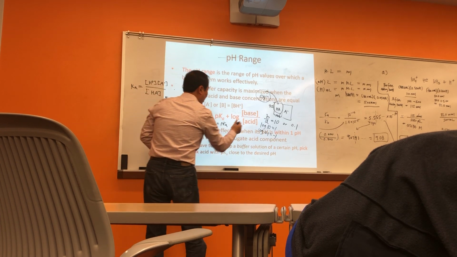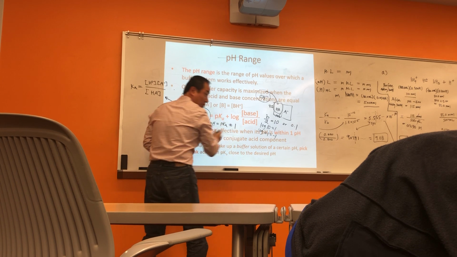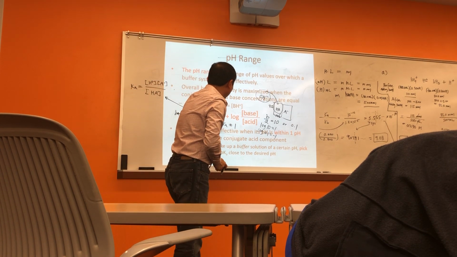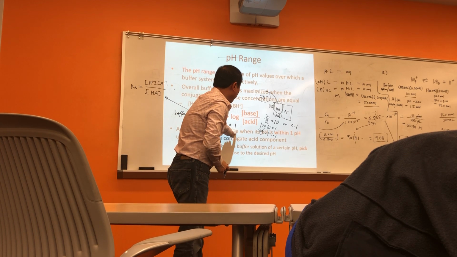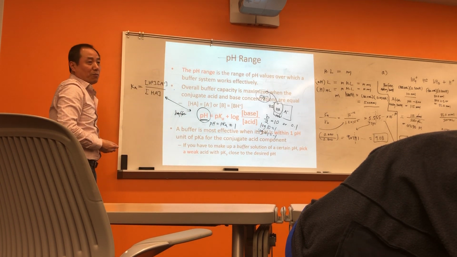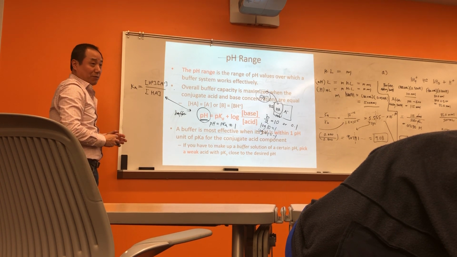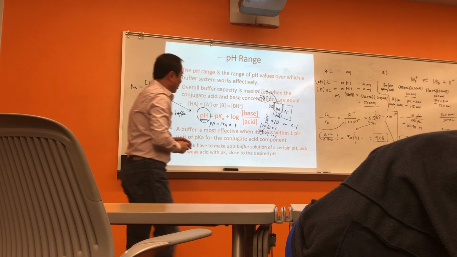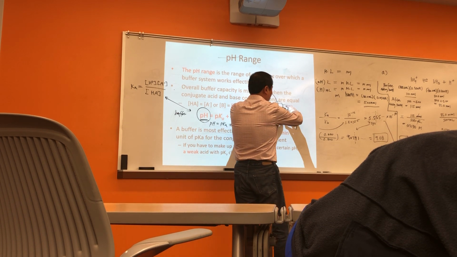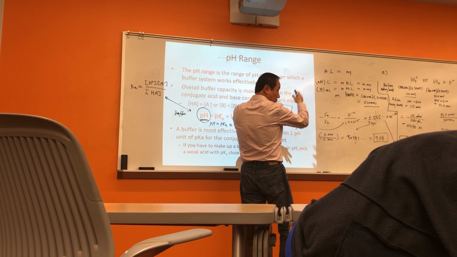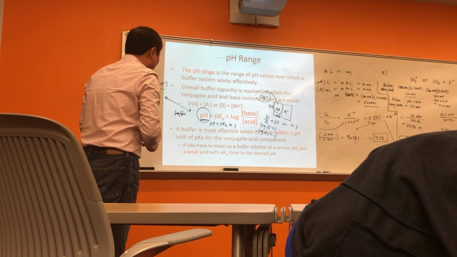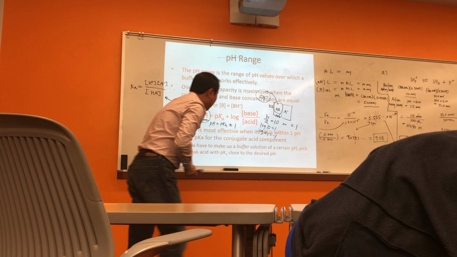So that's when we have plus or minus 1 here. Okay? So if the pH changes by an integer, like 1, that's when we say your buffer no longer works effectively. If you use up one or the other and make the ratio a 1:10 ratio, then it's no longer an effective buffer. Okay?